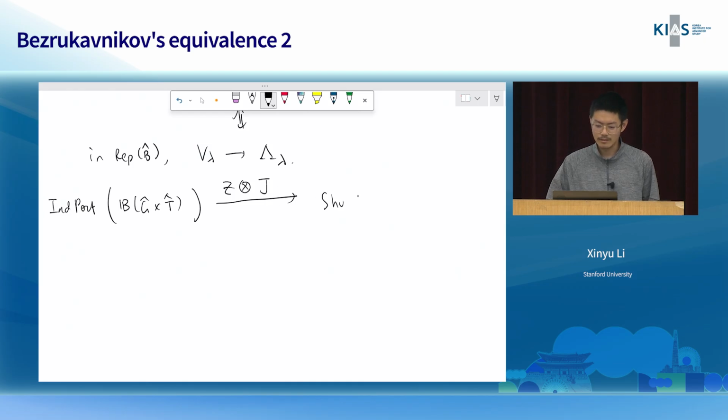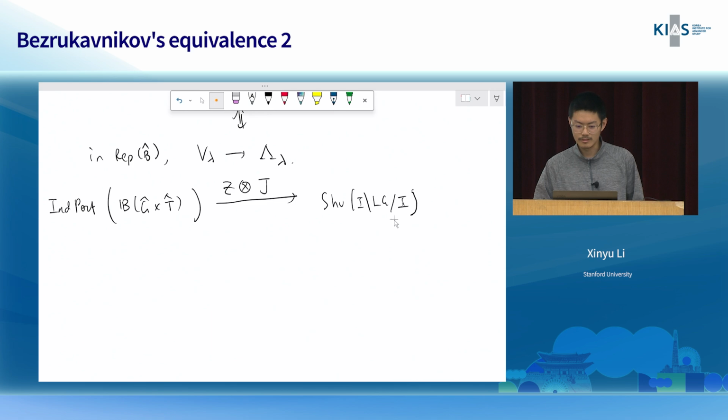So this gives me a functor from representations of G and T to the affine Hecke category. And if you want to be careful about why this functor is still monoidal, it's precisely because Z factors through the E1 center of the target. Otherwise, if you take the tensor product of two monoidal functors, they will not be monoidal in general.